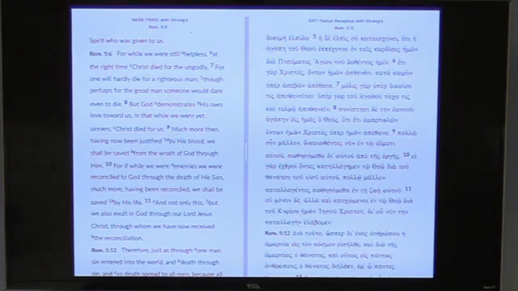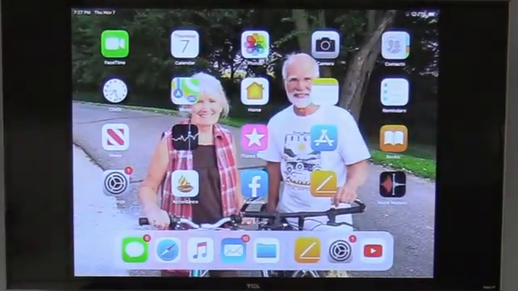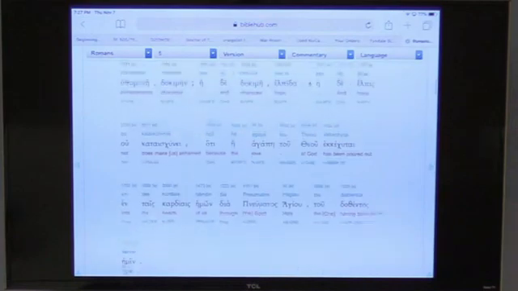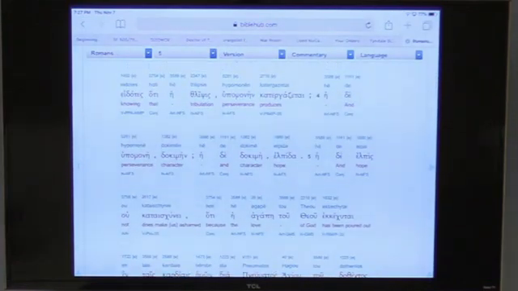Okay, let's move on. We've got a lot of stuff to cover, unless you've got questions. Ephesians 2:8 to 10, a pretty familiar passage.